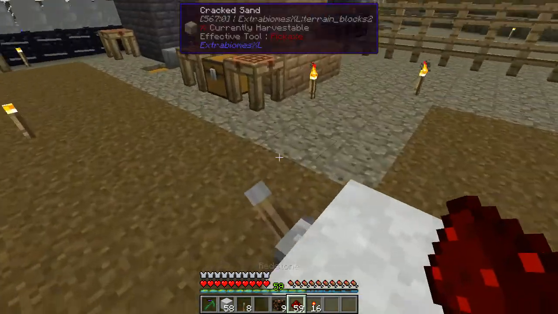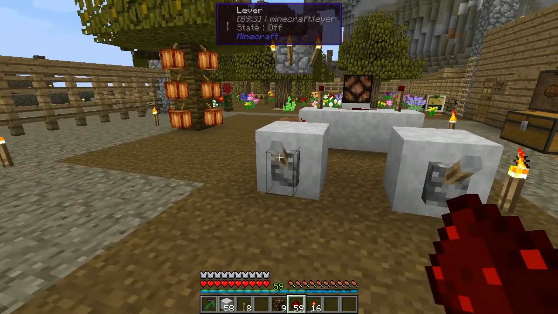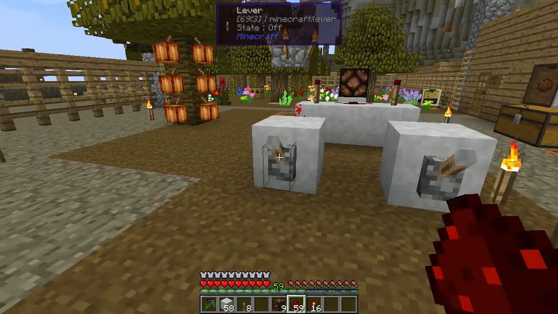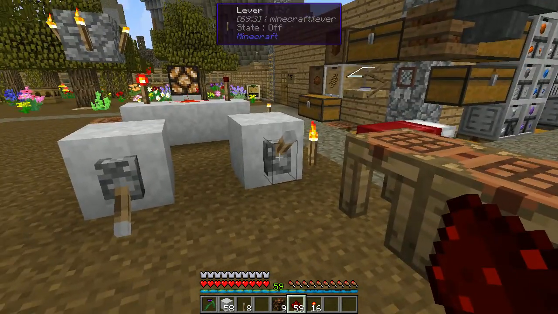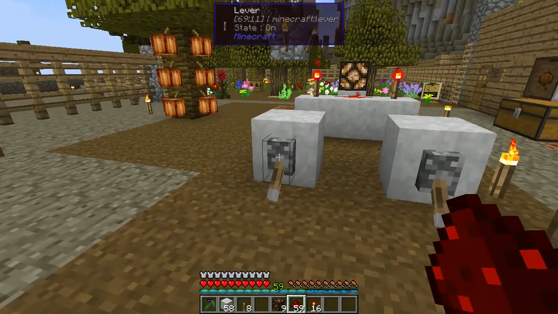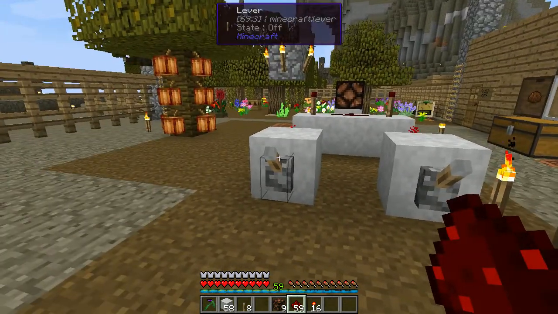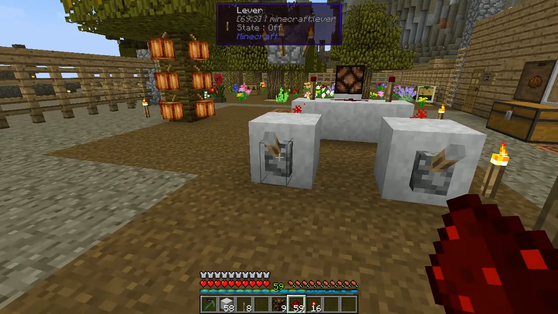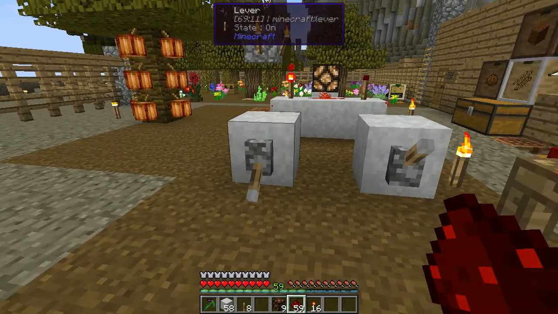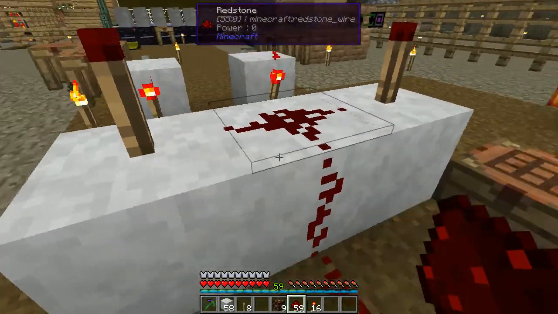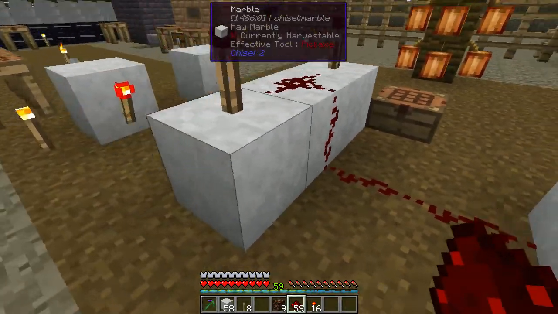So our AND gate basically is going to say there's four possible states. We have both of them off, we have one of them on and one of them off, and we have both of them on. With an AND gate, is that right? No, that's actually wrong. Let me just think for a second.